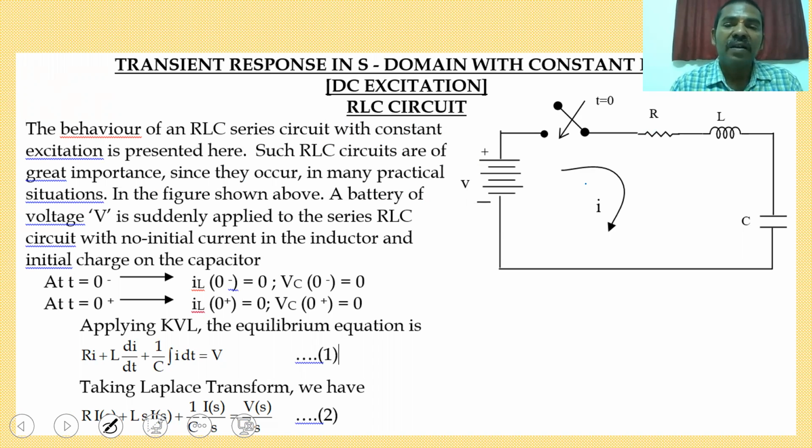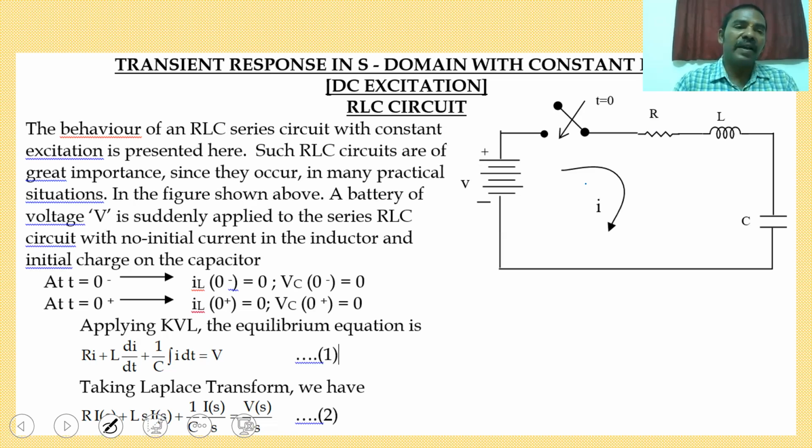Apply the KVL. The voltage drop across the resistor is R into I of t, the voltage drop across the inductor is L into di of t by dt, and the voltage drop across the capacitor is 1 by C integral I dt, equal to the applied voltage V. Now taking the Laplace transform: R into I of s plus Ls into I of s plus 1 by C into I of s by s is equal to V of s by s.